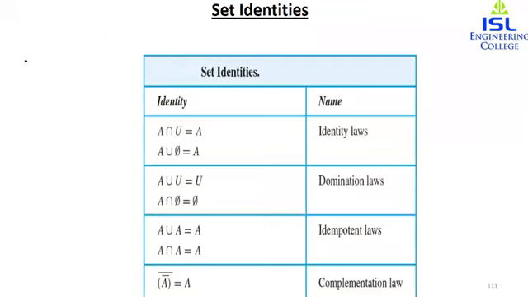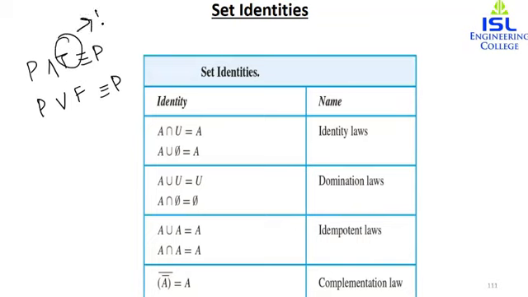The identity law for logical equivalence was P and T is equivalent to P. Also, the other pair was P or F is equivalent to P. So the identity law says that whenever you use and or or with true or false, you get the same proposition P. Similarly, in the case of sets, we replace T with the universal set capital U, and we replace false with the empty set phi.